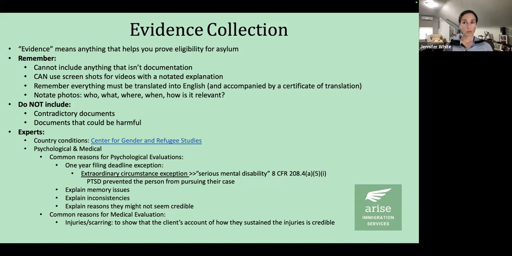Things not to include: anything that's contradictory. One of the big issues that I've seen is identification that's contradictory. It's really common in conflict zones for countries to be really bad at producing identification. If you've followed things with the Trump administration, they're using that as a basis to deny all kinds of immigration applications.